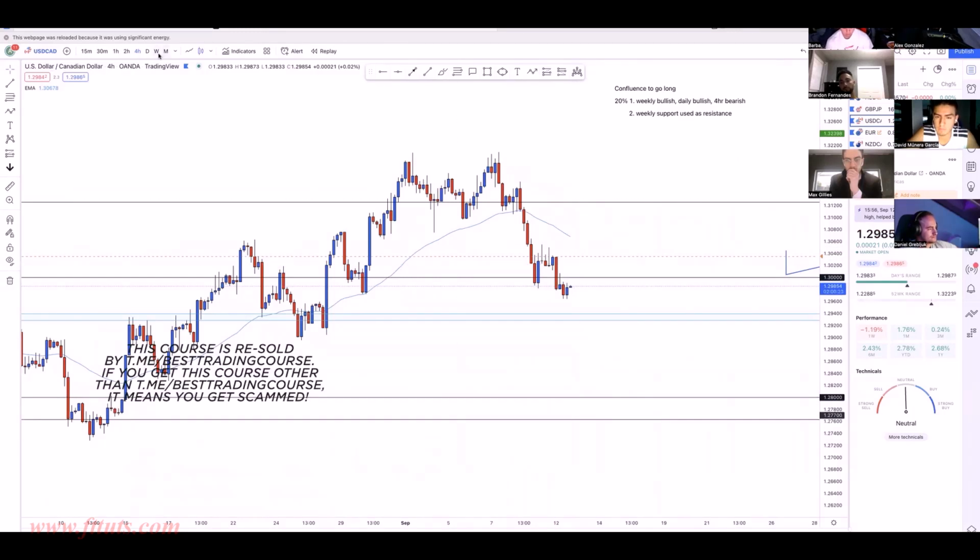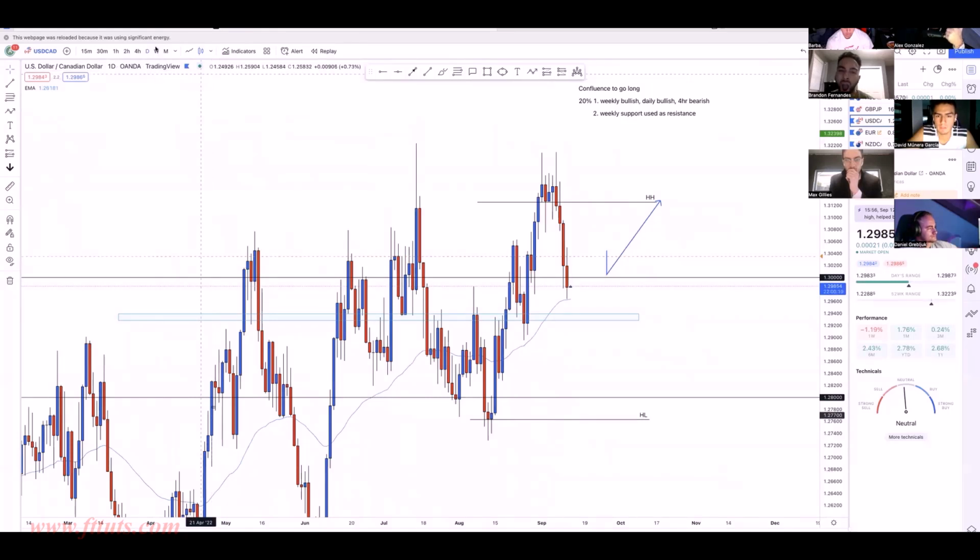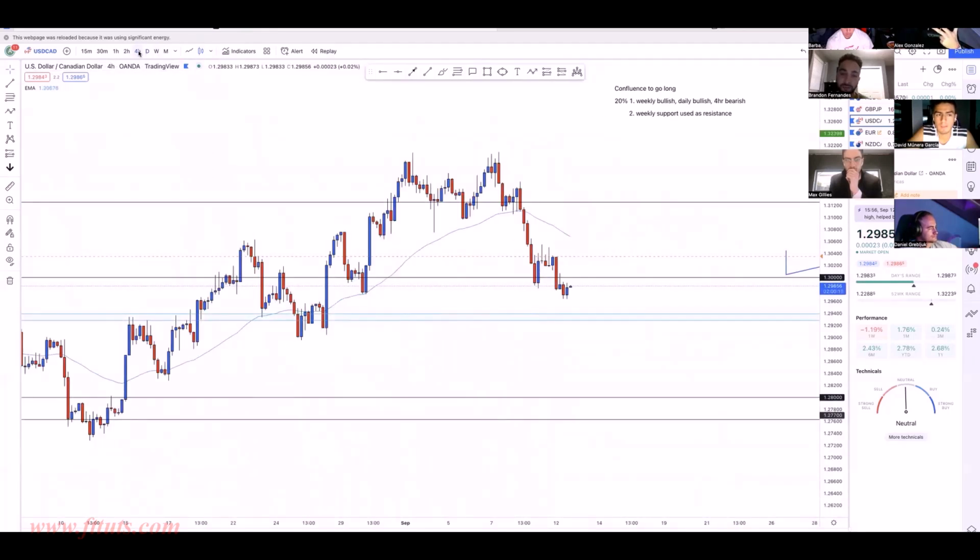So we are bullish on the weekly, still bullish on the daily, and the 4 hour is bearish. Now we need the 4 hour to go bullish, and then we have 3 time frames in sync, with rejection from our entry signal, and we keep going on the next confluences and everything else we need.